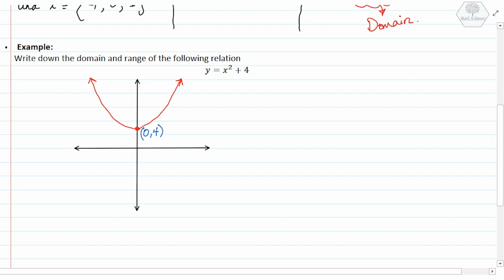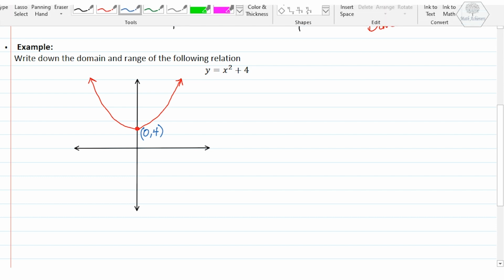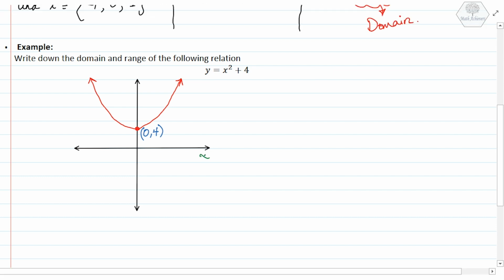Now I have to check for the domain and the range of this function. The domain is simply the x values and the range is the y values. So now the domain is, let's check when the x goes to positive infinity or a very large number. Does the function continue? Yes, it does.